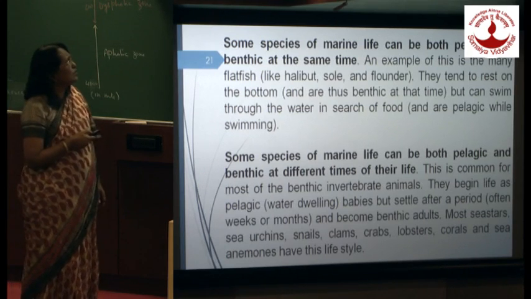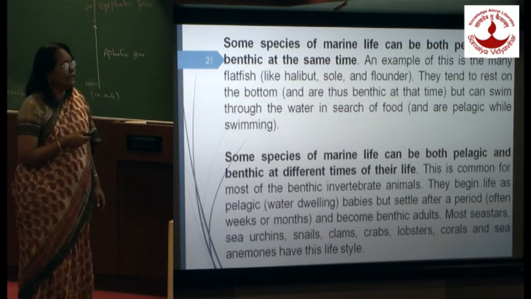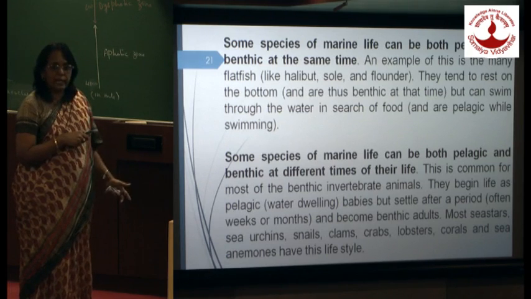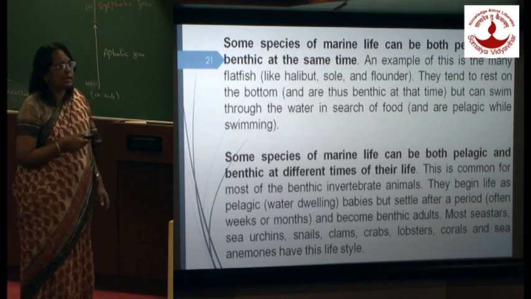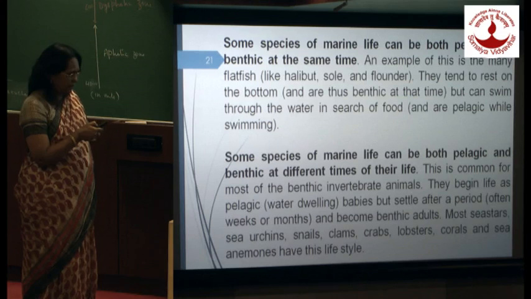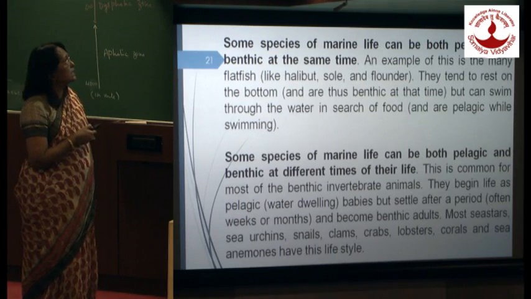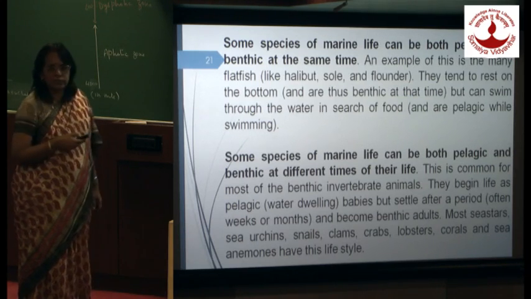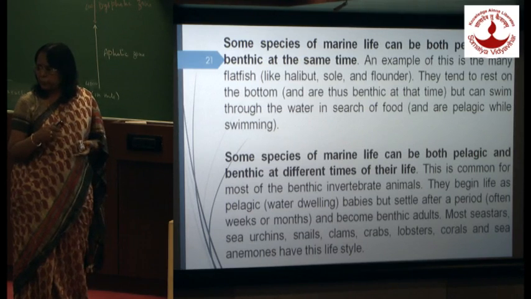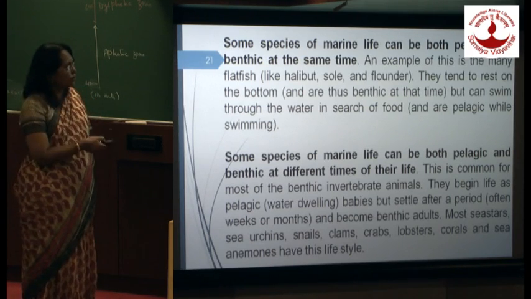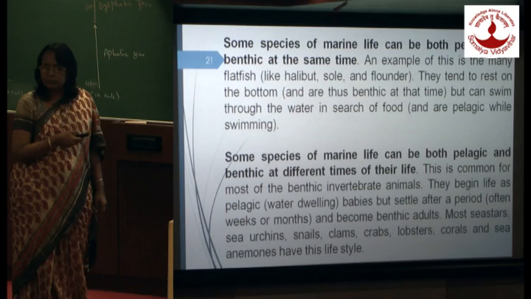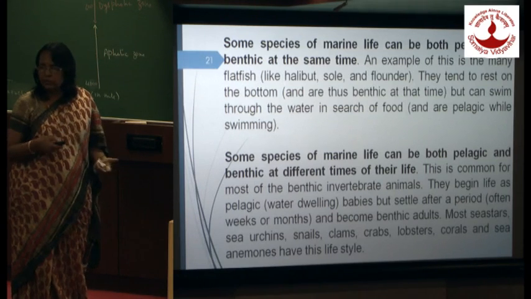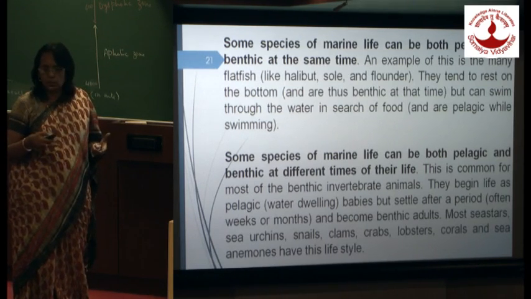Now, some interesting facts, like some species of marine life can be both pelagic and at the same time they can be benthic. Now, an example of this is, say, flatfish. Now, all of us have seen flatfish. It's flat because it is found in the benthic region. So it has to encounter the pressure. So body shape is totally different.